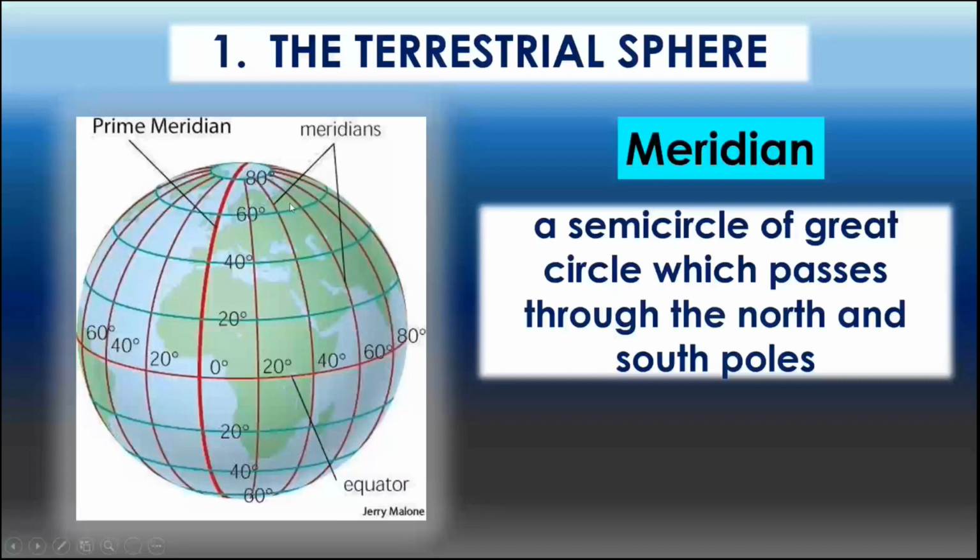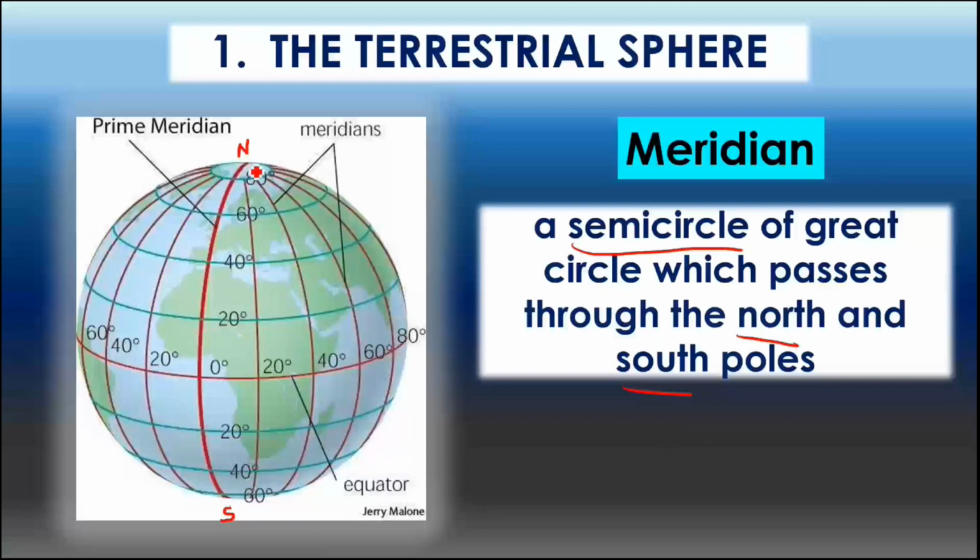If we have the north here, this is the North Pole, this is the South Pole. It is said that the meridian is a semicircle from north to south or south to north.